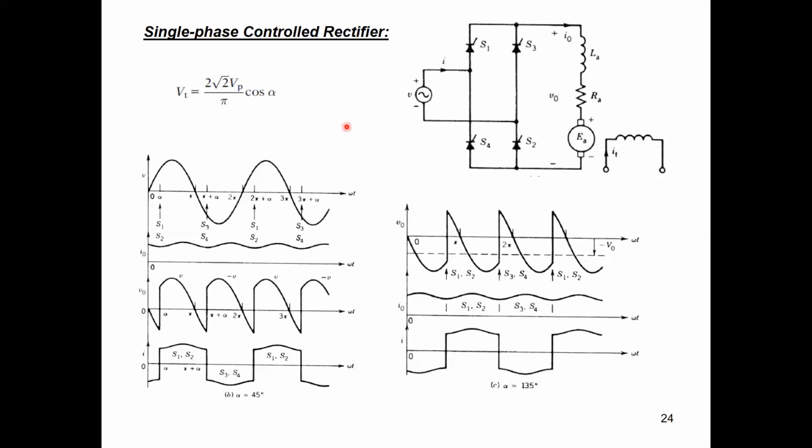Simply what we need just to understand the waveforms of the single phase controlled rectifier, and also we have to recognize the relation here. The relation, if we would like to get the average voltage of this rectifier, so simply from this waveform, we can make the integration to get the average. You know, the average is the area under curve.